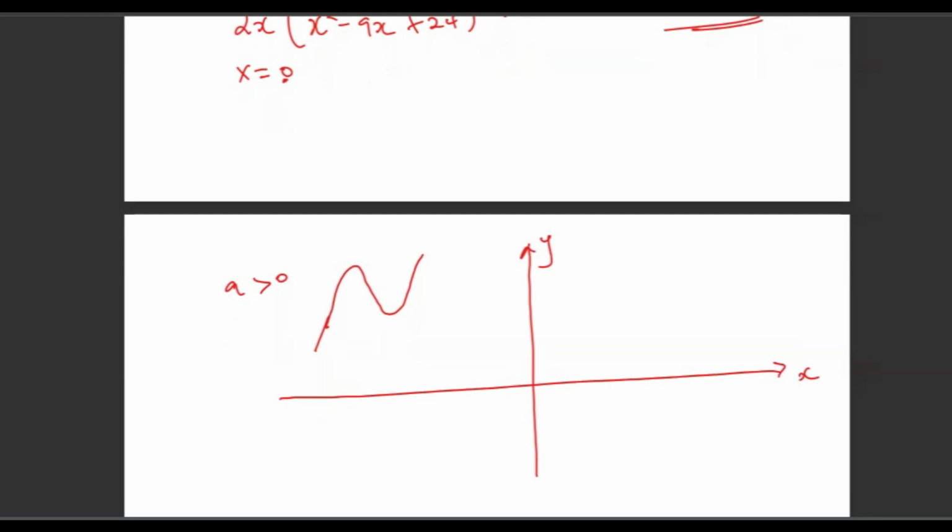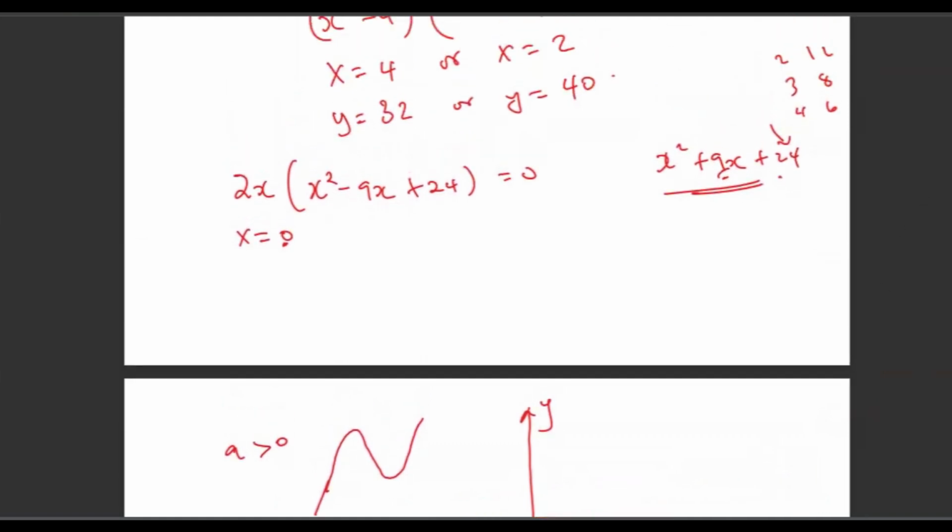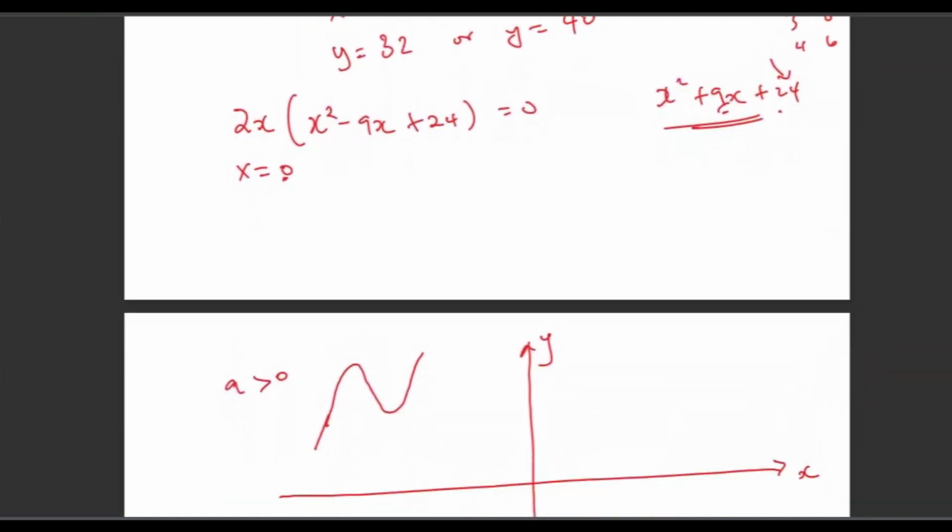We say the turning points are going to be 4 and 32, 2 and 40. 2 and maybe 40, somewhere there. And then we said 4 and 32; 32 is slightly below.